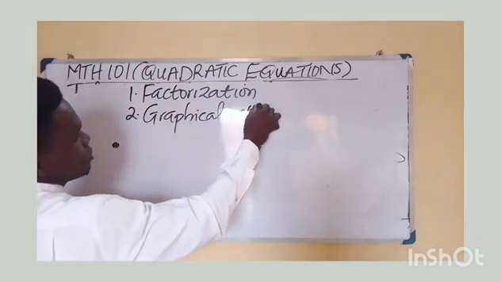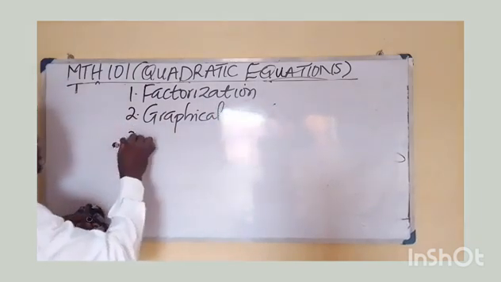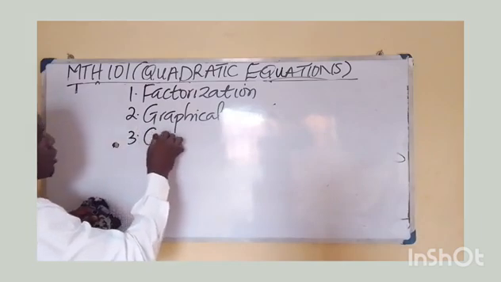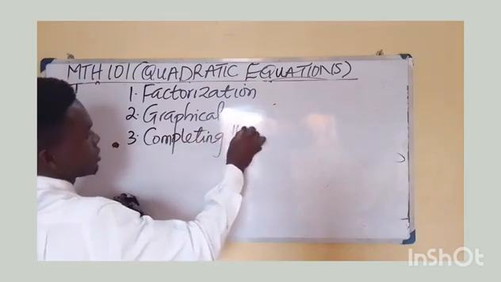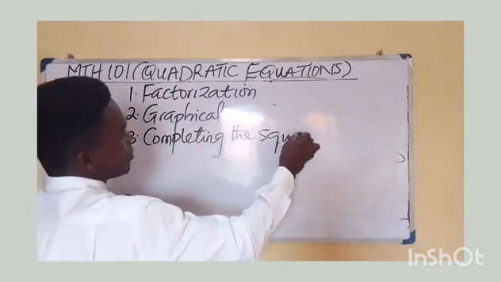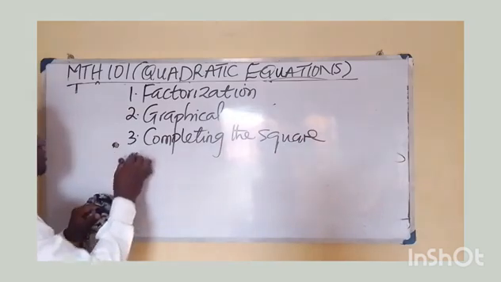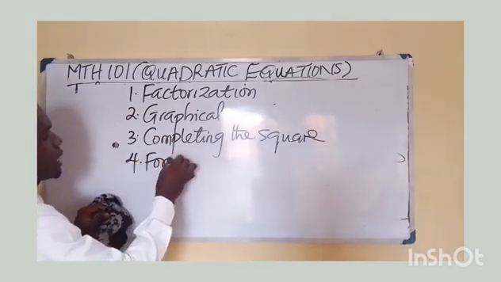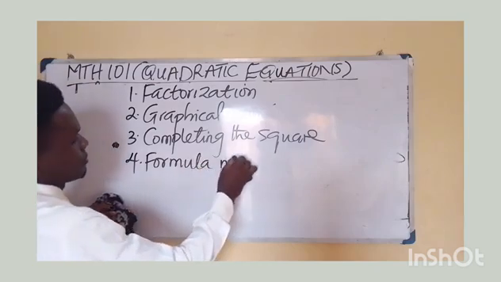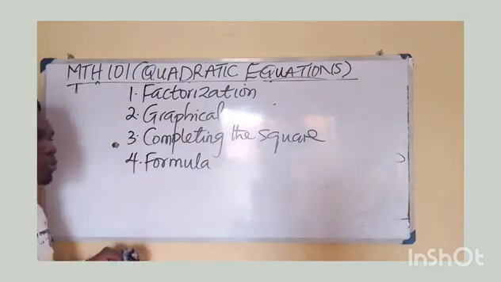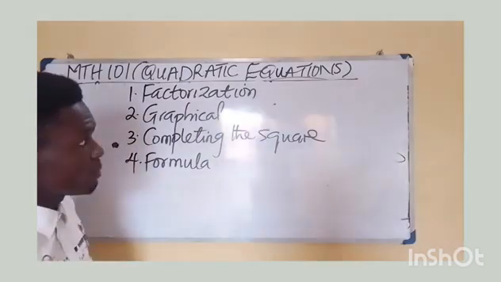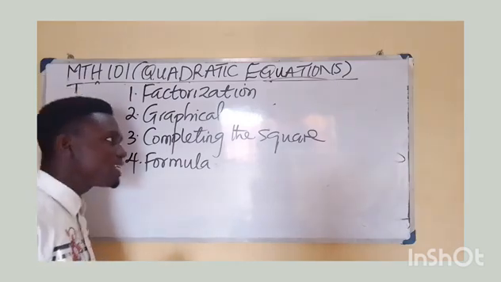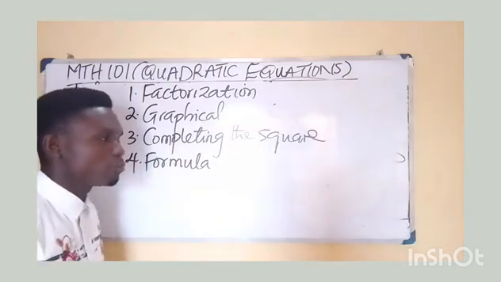Number 3, we have the completing the square method. And 4, the formula method. So these are the methods of solving a quadratic equation: factorization method, graphical method, completing the square method, and formula method.